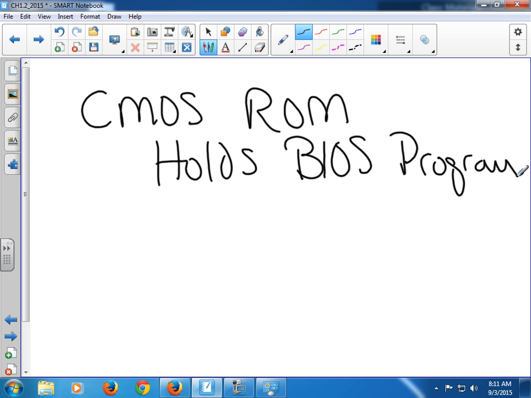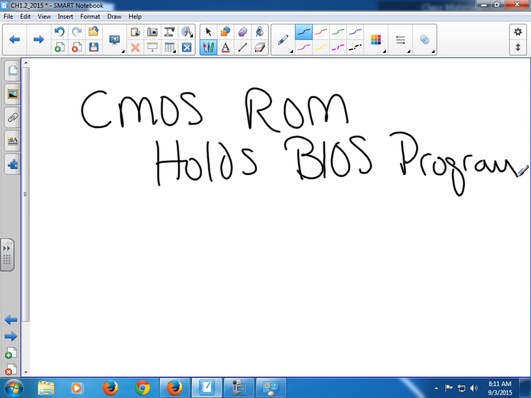And when you push that power button on your PC, it does this little power check, starts BIOS, and BIOS runs our post. Runs our power on self-test, and it checks out what all's on our PC every single time we start it up. I know these are all new terms.